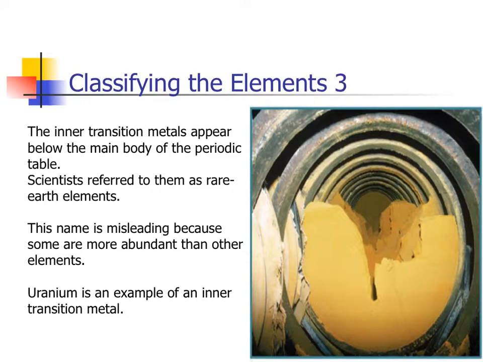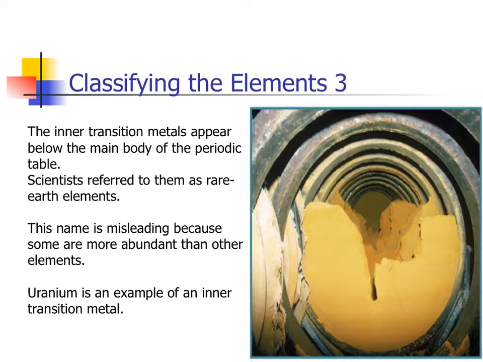The inner transition metals, which are separated off from the periodic table, are also known as the rare earth metals. Although some of them, though called rare earth metals, are very well known on Earth and are actually fairly common. It's just that we don't use them a whole lot.